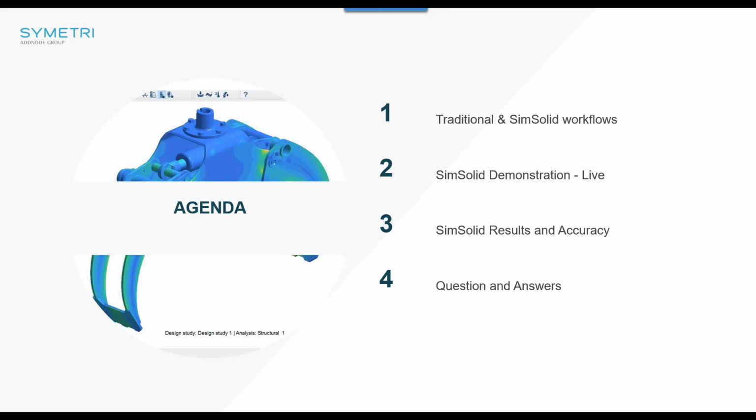Then I'm going to go through the SimSolid demonstrations, showing you some examples which I believe are large and complex to do inside Nastran, for example. And then I get asked a question lots of times: if it doesn't mesh, how are the results? How good are they? How can you compare them? So I'm going to go through some documentation to show you the results accuracy from SimSolid.